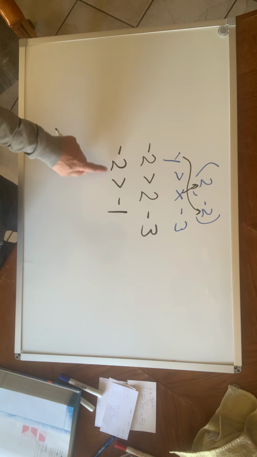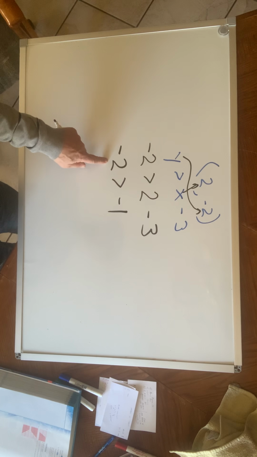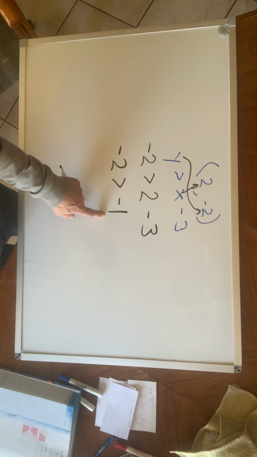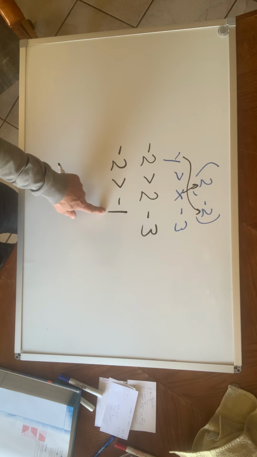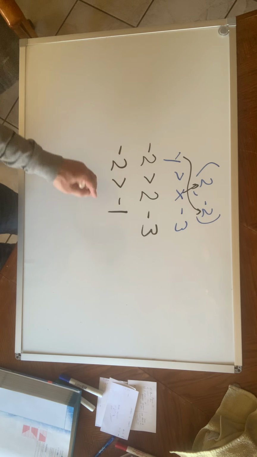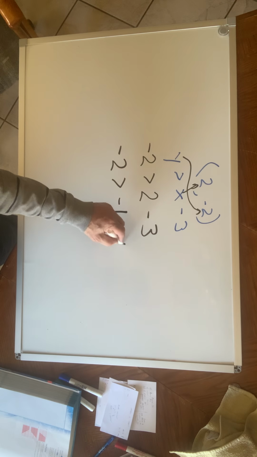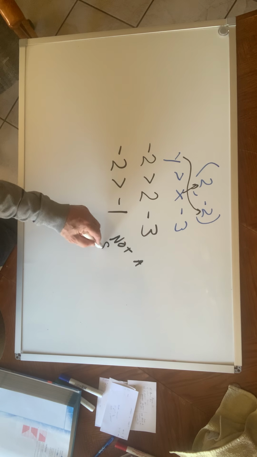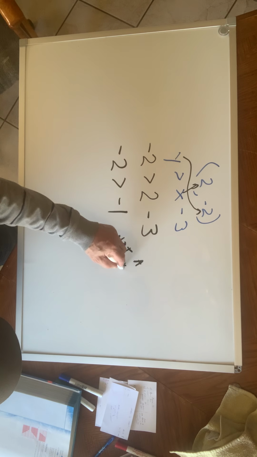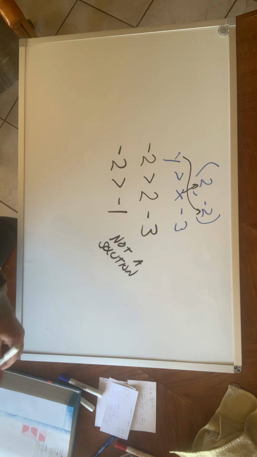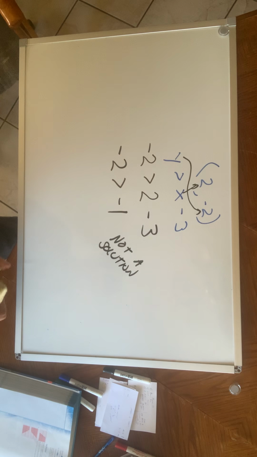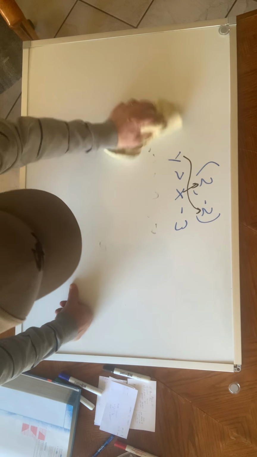Would you rather owe me $1 million or owe me $2 million? This is the better deal because it's the bigger number. So is this a true statement? No, not a solution. Okay, that does not work. These are easy, aren't they? Golly, I'll give you one more just for fun.